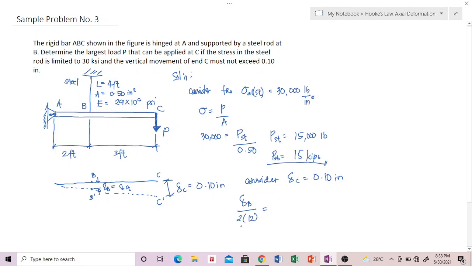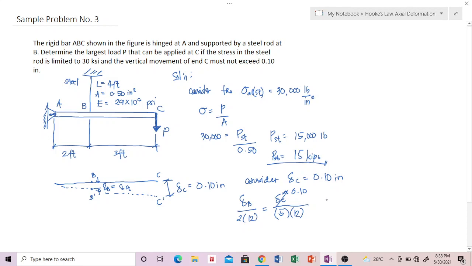You can use 2 feet since the denominator on the other side of the equation is also in feet, so it will cancel out. But to be safe, for other problems, errors can occur with feet, especially when theta is being solved. So delta B over 2 times 12, by similar triangles, is equivalent to delta C over 5 feet multiplied by 12 to make it in inches. Now, delta C is 0.10.